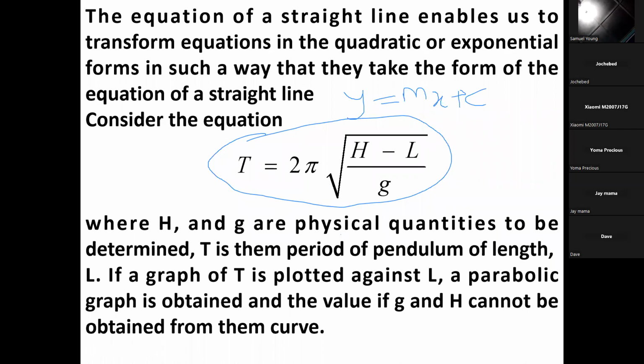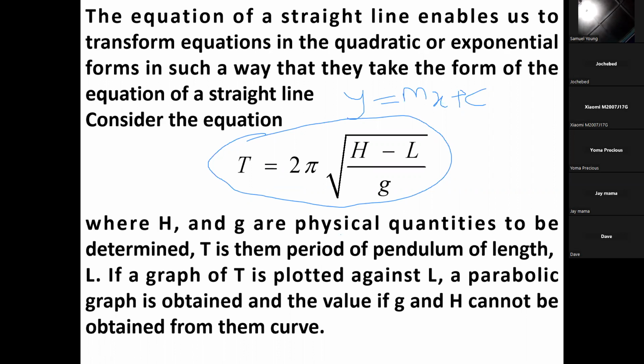Now, the first thing you'll be asked to take note of is what you are plotting against the other. For instance, they say where l here and g are physical quantities to be determined. Here simply means we are going to determine the value of g. We are going to determine the value of what?